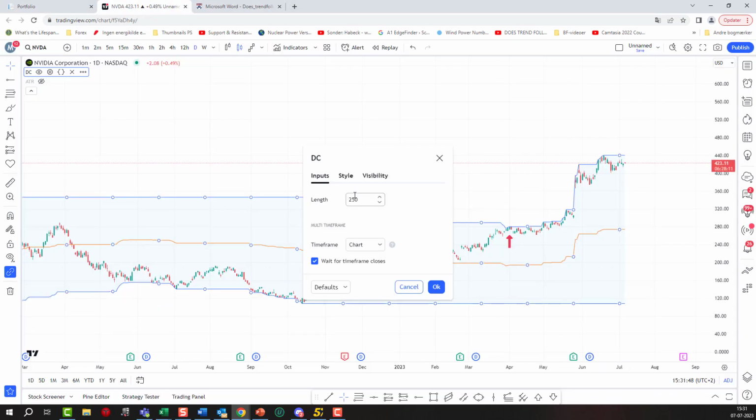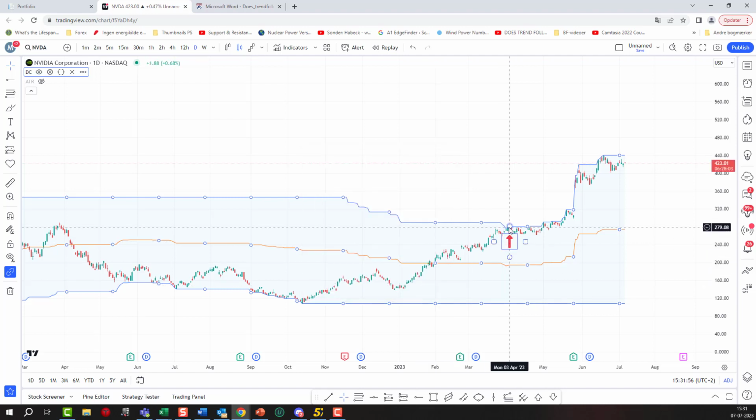That's roughly a year. You can calculate the exact number of days, but I just put 250 days in. That is just about a year. The point where the price hits the upper Donchian channel here shows us that it has reached the highest price it has been in 52 weeks or 250 days in this case. So that is a buy signal.